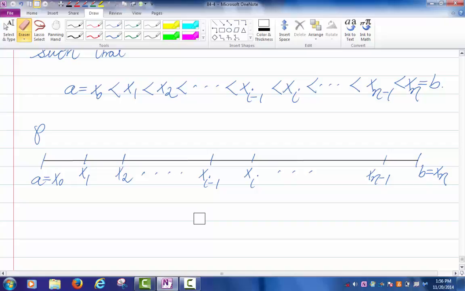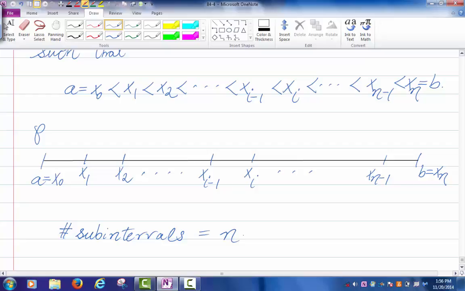So how many subintervals should I be getting? I should be getting n subintervals. The number of subintervals is exactly n.